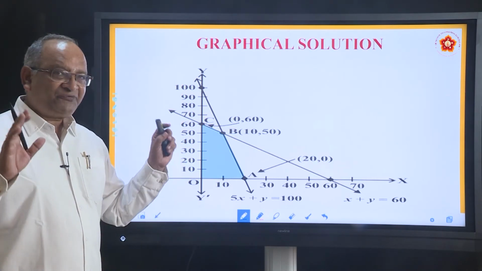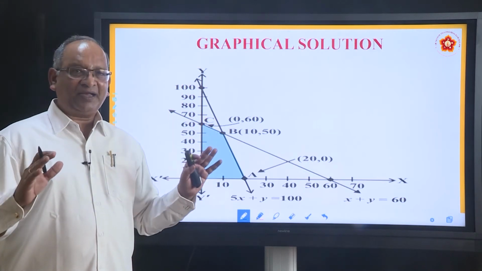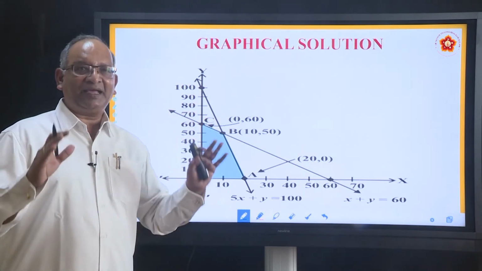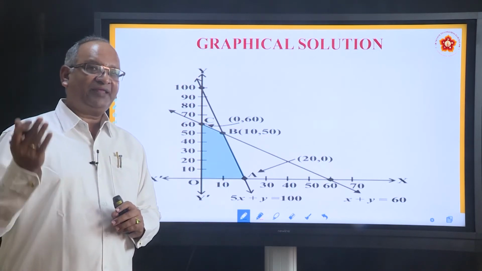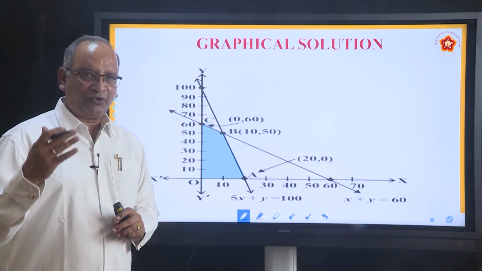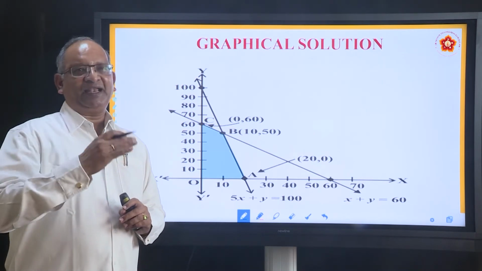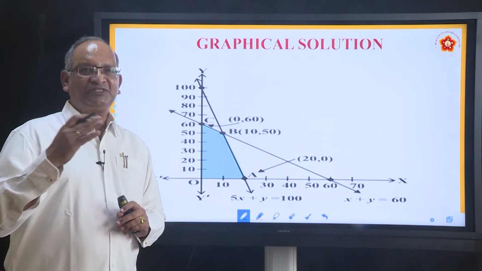So after drawing the lines, what you have to do is find or shade the areas which they represent. And how do you find that? With the help of inequations. With the help of inequations, you are going to know which part of the line, above the line, below the line, right side of the line, left side of the line, is to be shaded.